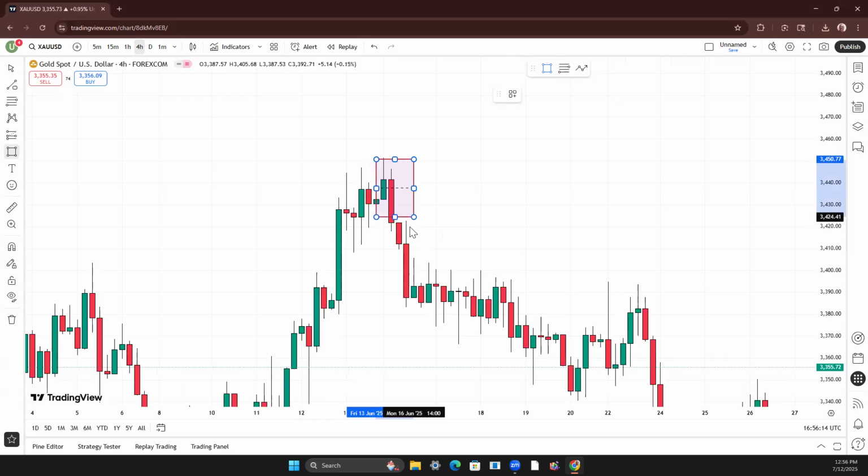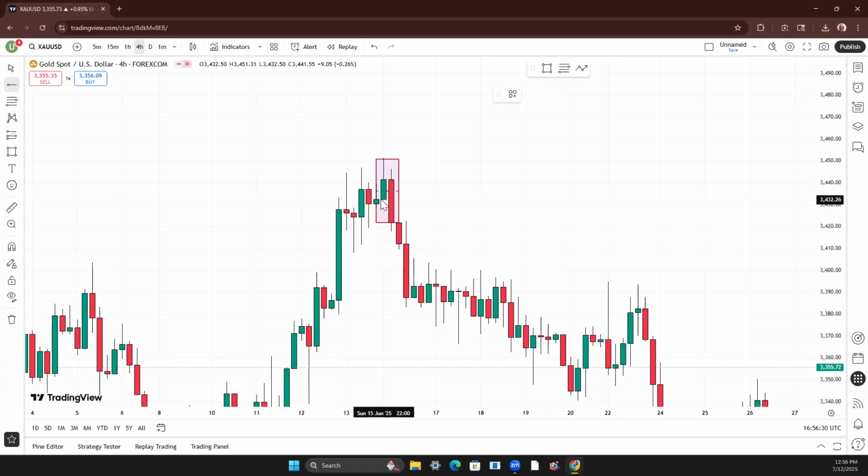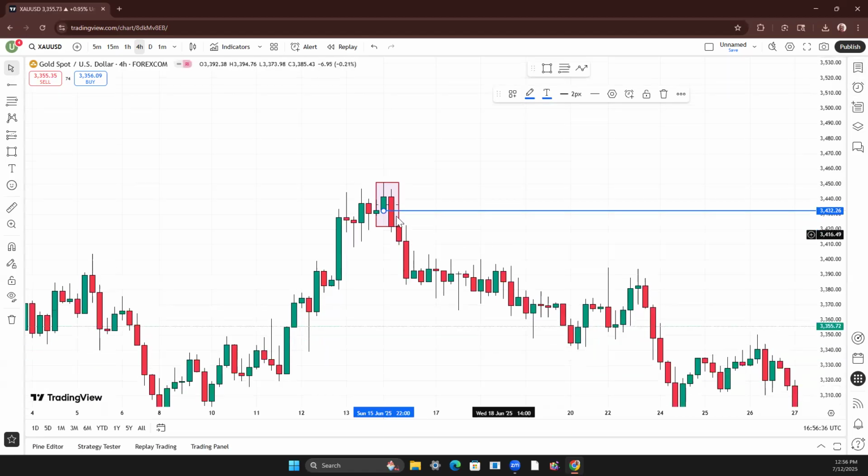Like this. So whenever you come across these two candles together, I want you to box them. And then right after you do that, I want you to put a horizontal ray underneath the green candle, because something special happens when you do that.